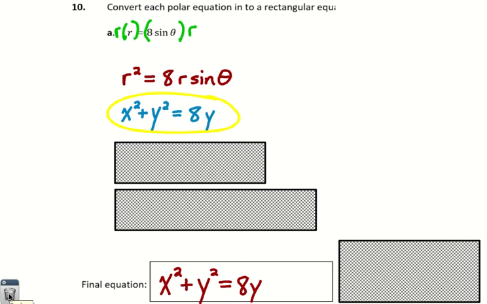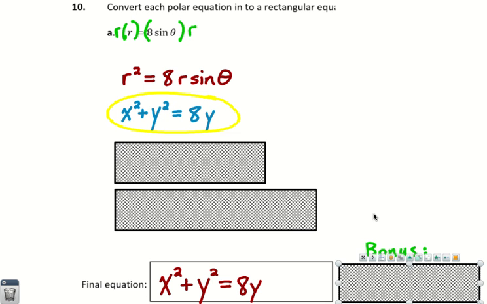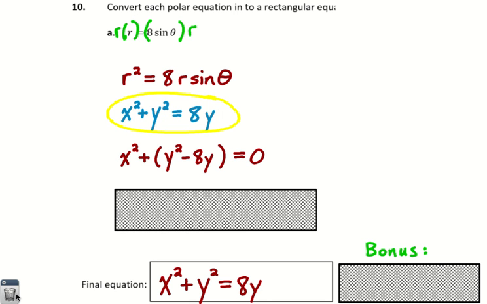But just like I said in class, if you keep this going and you put it into circle form, you can get bonus points. So here's what we do. We get this 8y term over here, and since it involves y, it's going to go with the y squared. And now what you have to do, remember, is complete the square.